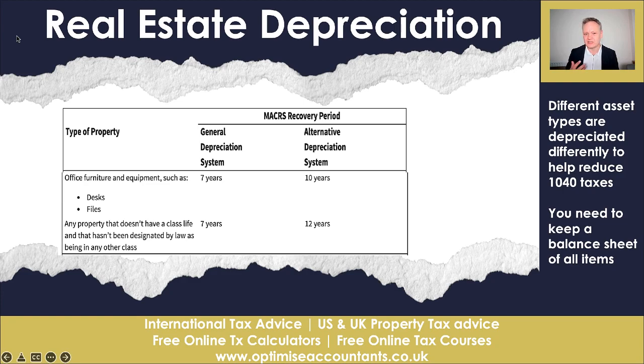So you've got other items. You think, well, where does this really fit in? Do check out that manual as I talked about earlier. If you can't find the classification of that particular asset, then you can use the 12 year rate.